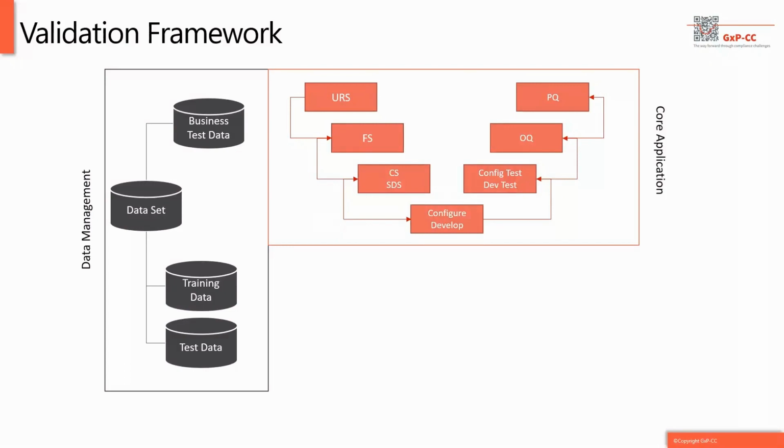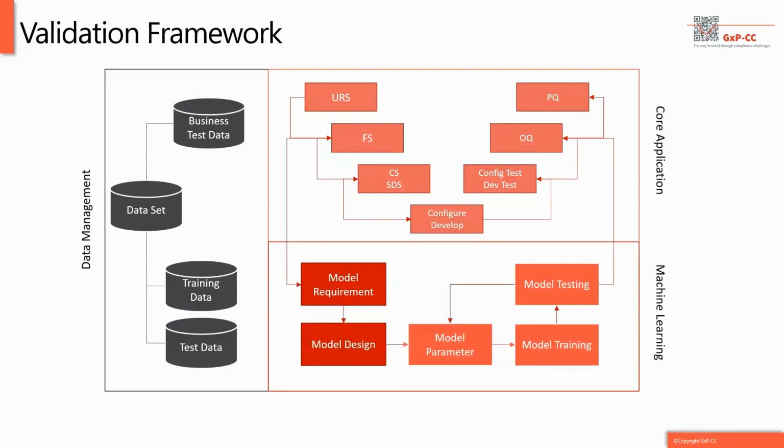Good. And what is missing now is the AI part, and that is coming out of the functional specifications. And here this is formalized. So we are doing what we would be doing anyways, just rigorously documenting it. So we are writing what do we want from the model, how do we design the model, and then we go through the improvement cycle of putting the parameters, training the model, testing the model.